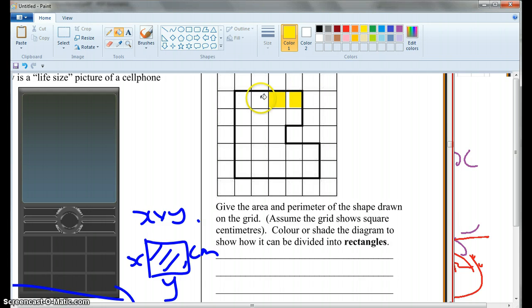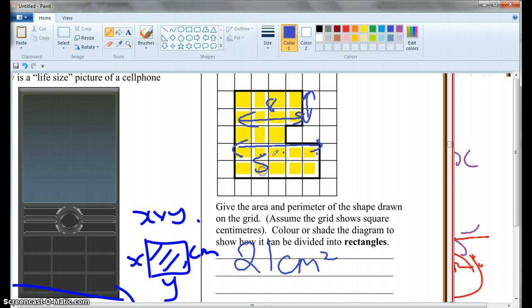So we've got 1, 2, 3, up to 21, so we actually have 21 centimetres squared. You could go 4 times 2 is 8, and then 5 times 2 is 10, and that's 3, so 18, 19, 20, 21. So we've got 21 centimetres squared as the area.